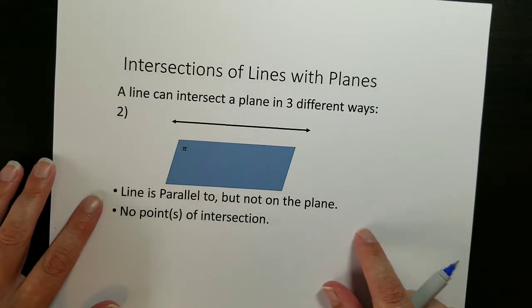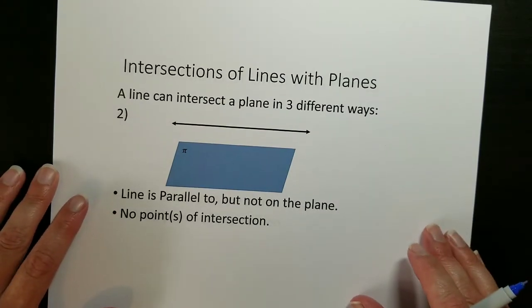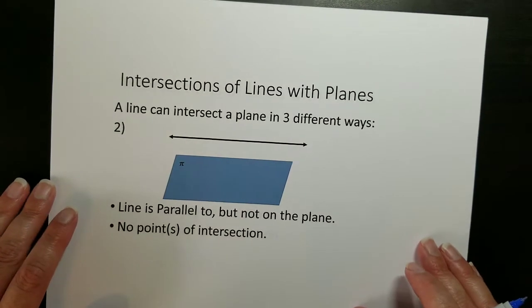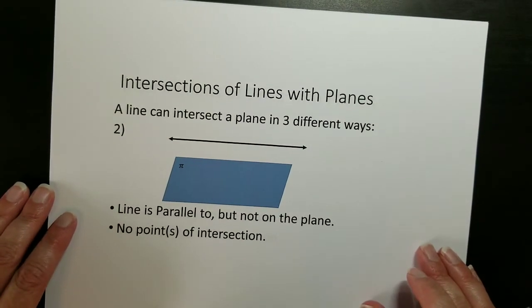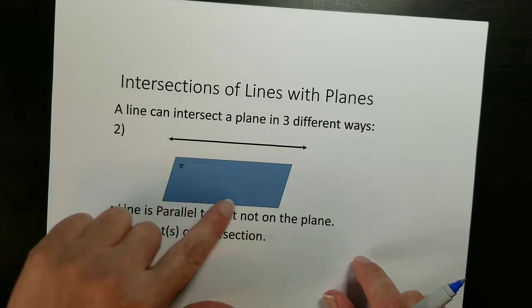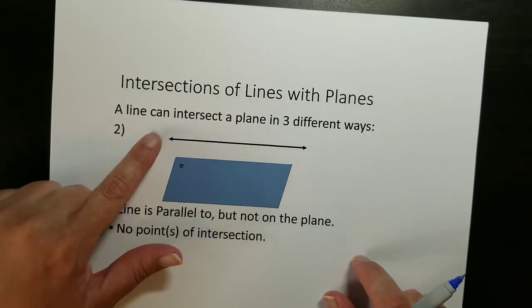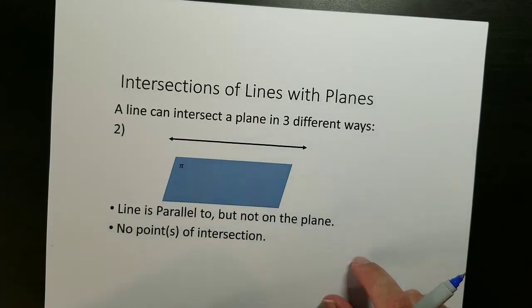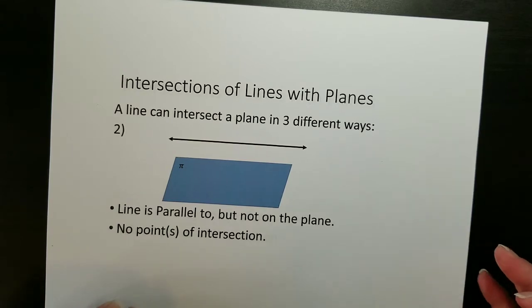Especially this one doesn't look like an intersection because it actually doesn't intersect. There's 0 points of intersection here. This would be if the line was parallel to the plane but not on the plane.